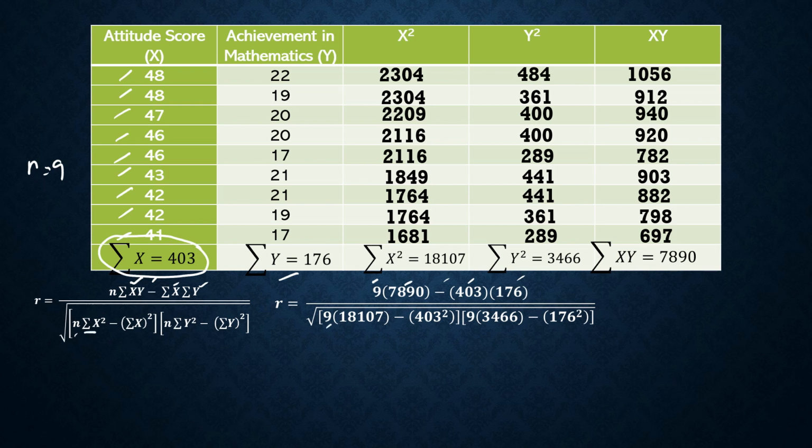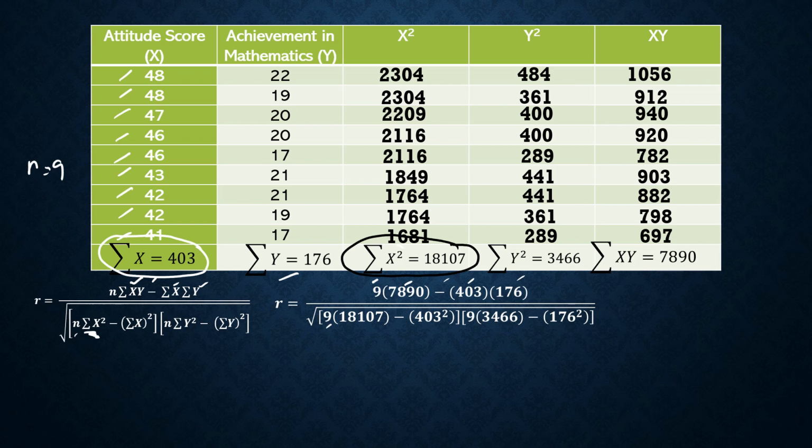Instead of writing summation of x squared, we're dealing with this one, summation of x squared, which is 18,107. And then instead of writing summation of x, our summation of x is 403. That's the reason why we have 9, quantity 18,107 minus 403 squared.